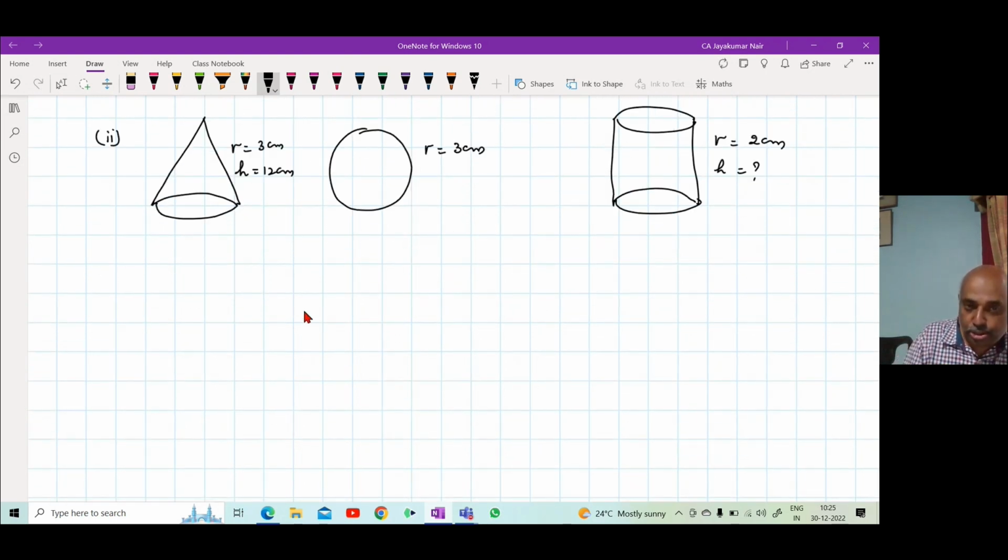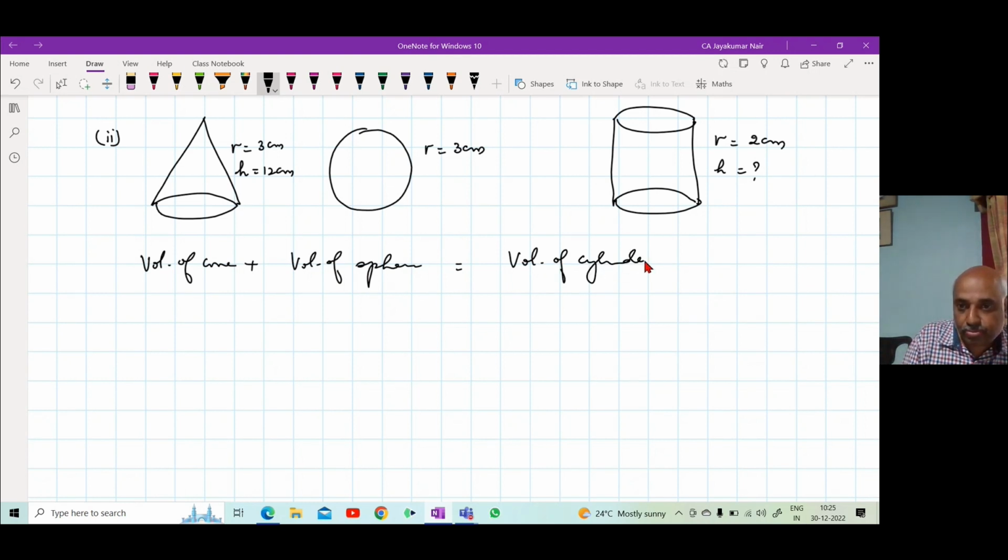So you're going to melt the cone and the sphere, and both will be converted into a cylinder of radius 2 centimeters. So volume of cone plus volume of sphere should be equal to volume of cylinder, because these two you're going to melt and then make into a cylinder.